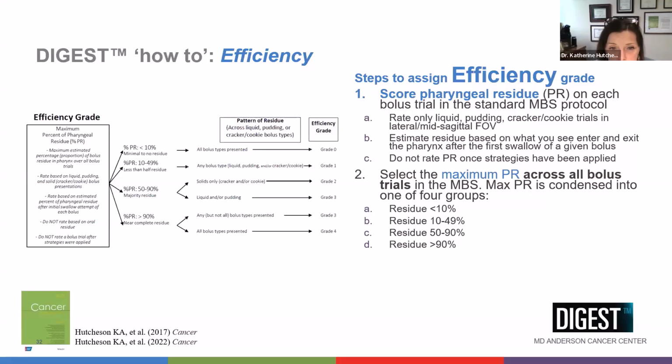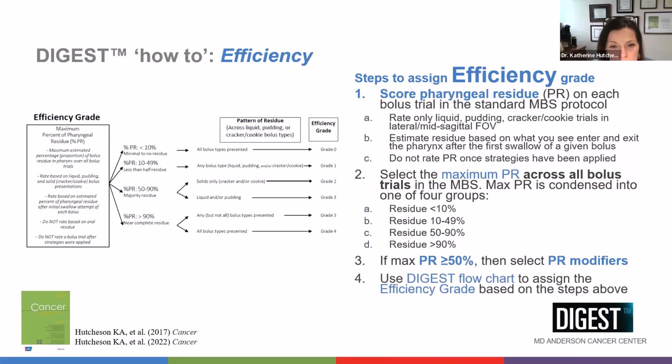So residue is then put into ranges of under 10%, 10 to 49%, 50 to 90%, or over 90%. If the maximum residue observed was 50% or more, then you select a modifier demonstrating which bolus types it occurred on. And ultimately, you would use the flow sheet to take those observations and assign an efficiency grade.